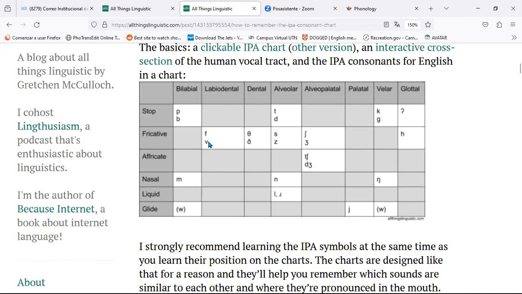However, besides that, they are almost the same sound, practically the same, because they are both labiodental and both fricative.